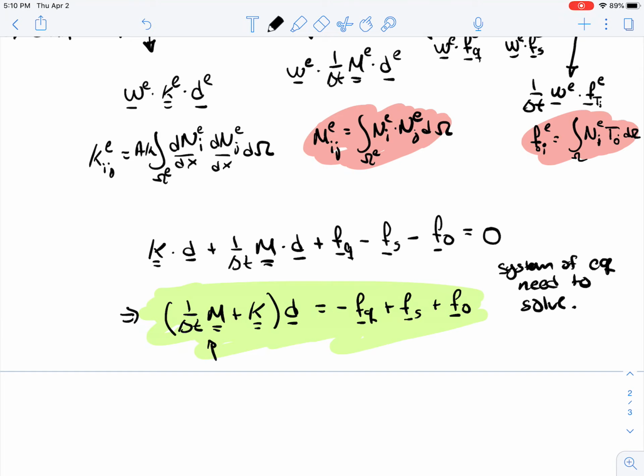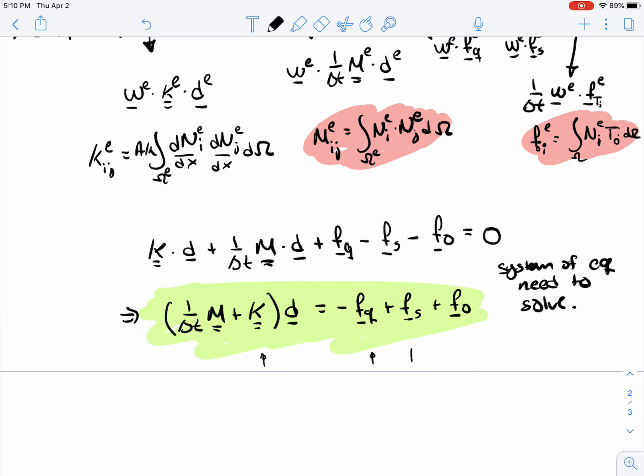And again, if you compare to the steady state heat transfer, what are the differences? The differences are this 1 over delta T times this mass matrix and this term right here. Those are the only differences. This F naught term is the integral of the shape functions times the previous temperature, so the temperature of the previous time step. Those are the two extra vectors and matrices that we need to account for.